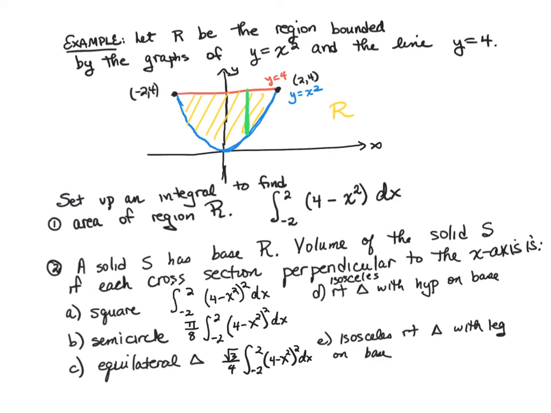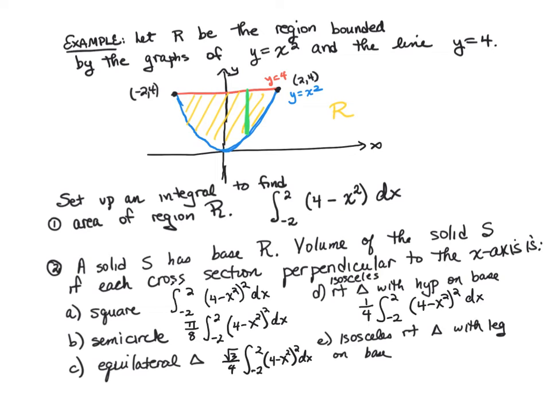If we have an isosceles right triangle with a hypotenuse on the base, then that area was 1/4 on the outside from negative 2 to 2 of top minus bottom squared dx.